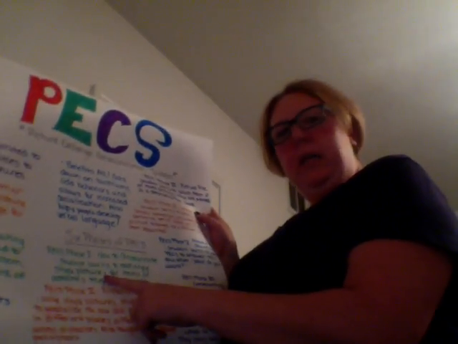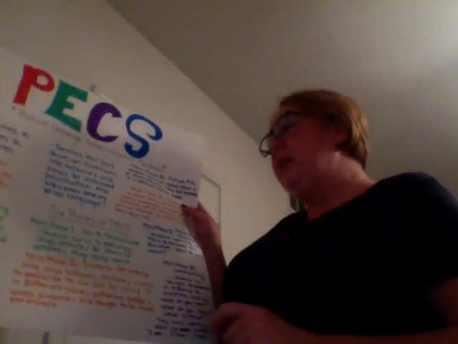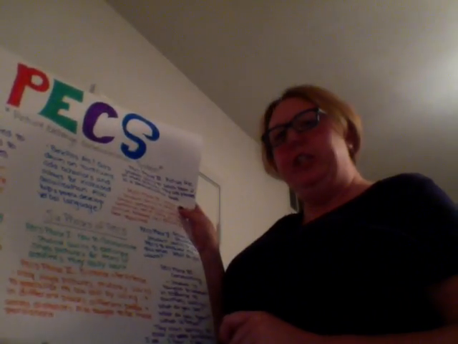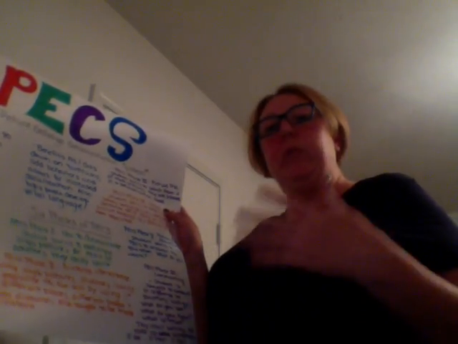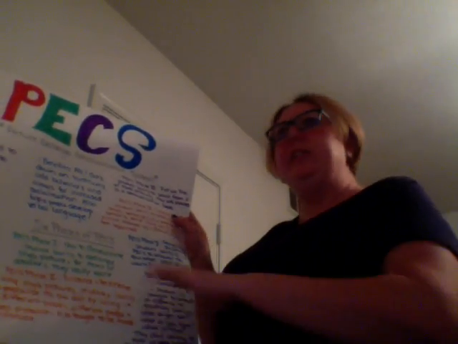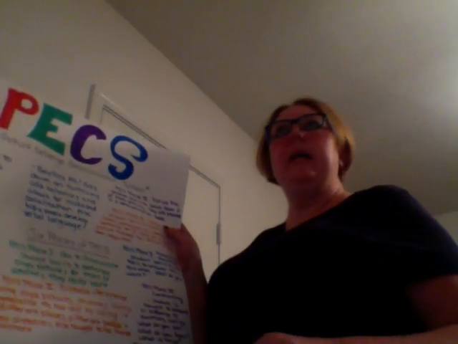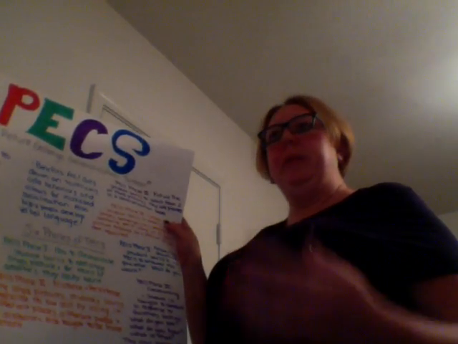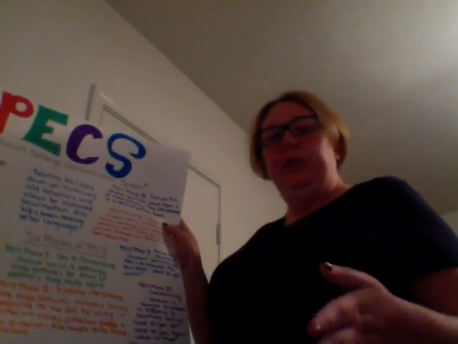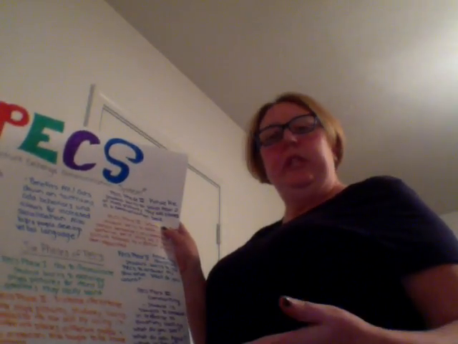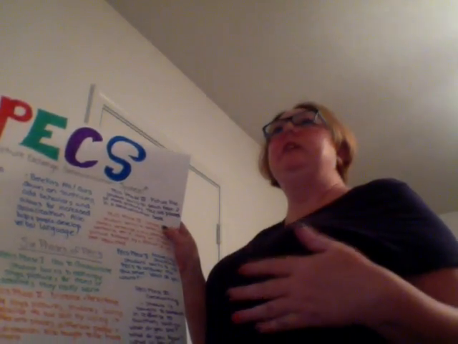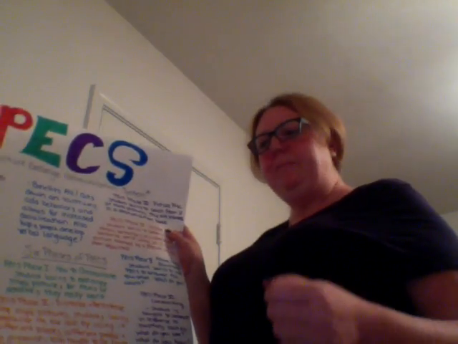PECS phase 1 is how to communicate. The student learns to exchange single pictures for items or activities that they really want. That is all you're going to do during PECS 1. It typically takes a teacher and an aide, for example, to work with the student that is using the PECS system.